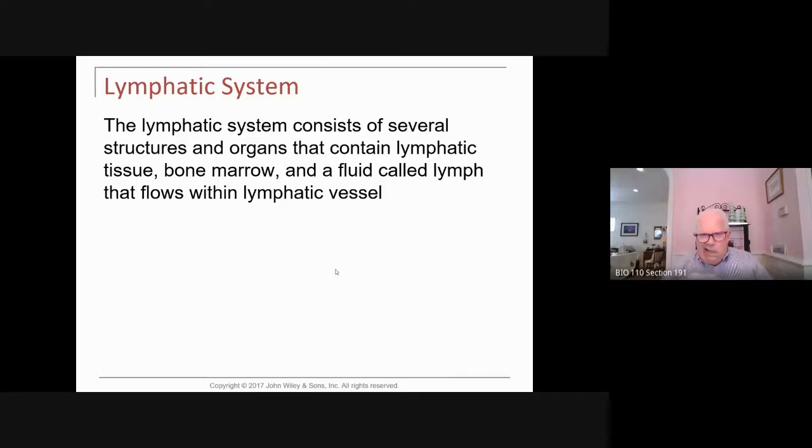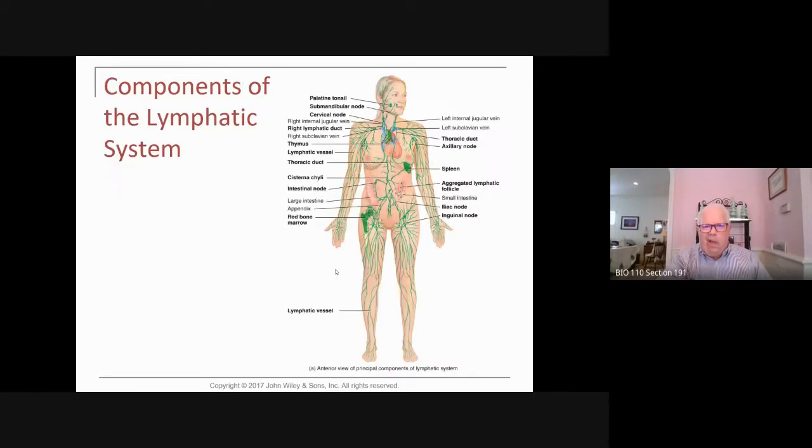The lymphatic system consists of various structures and organs that contain lymphatic tissue and bone marrow, and a fluid that flows within every lymphatic vessel called lymph. And this is basically the lymphatic system.